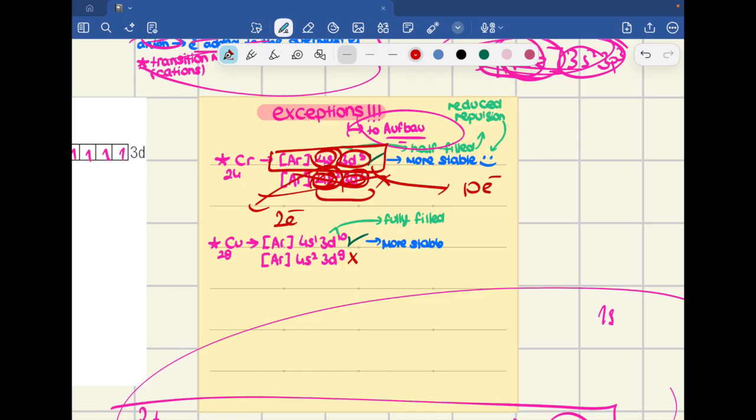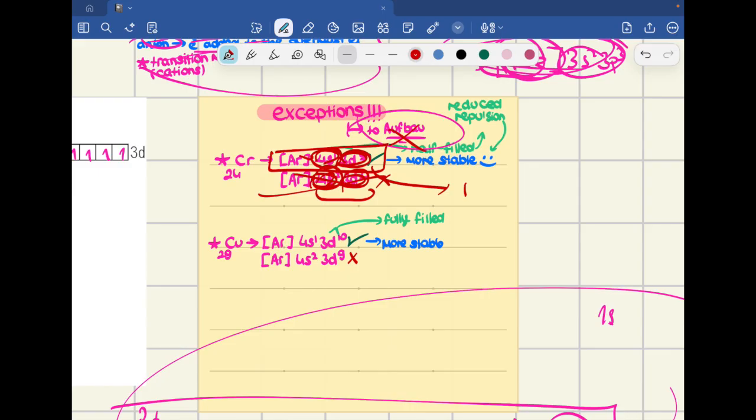So basically they're half filled, and this actually makes it more stable. When they're half filled, repulsion is reduced, so it's more stable. So this is the electron configuration of chromium: 4s1 3d5. It doesn't obey the Aufbau principle that states that we must fill orbitals from low energies to high energies.